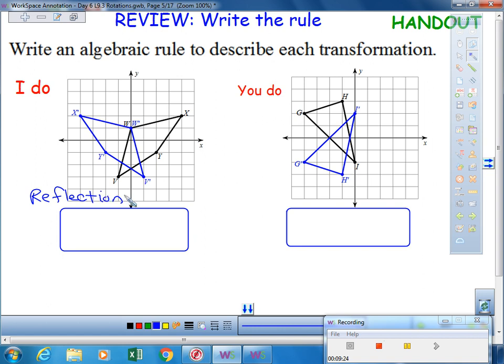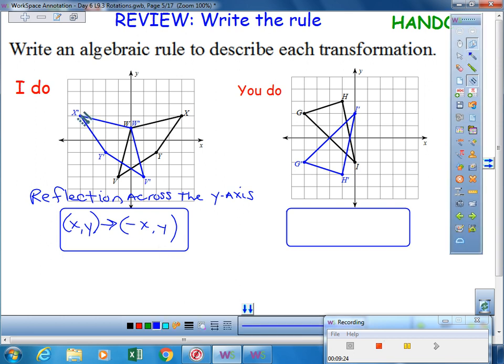So, reflection, what axis are they going over? Across the y-axis. And so, (x, y) becomes, which one's negative? Negative x. Remember, if you're going over the y, you leave the y alone. So, if you wanted to look at the lines, are these parallel to each other?